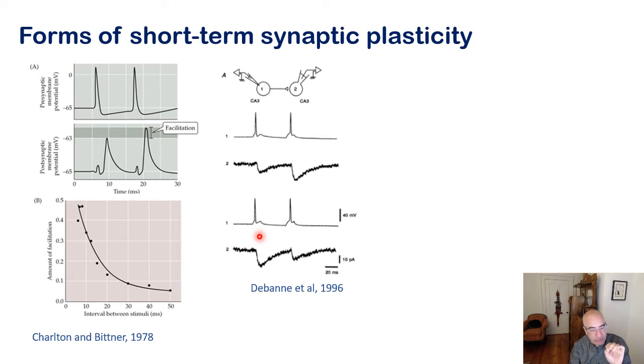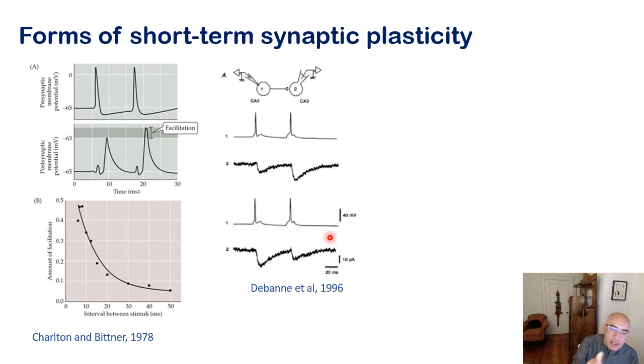When the first action potential releases the vesicles and the second one comes right after that, it doesn't have as many primed vesicles at the presynaptic terminal that could fuse and release.